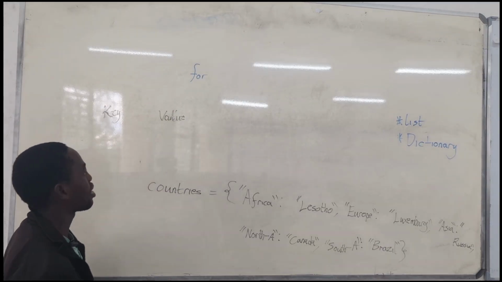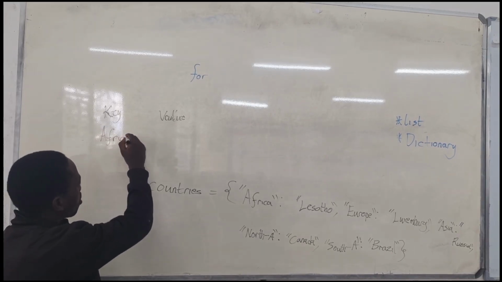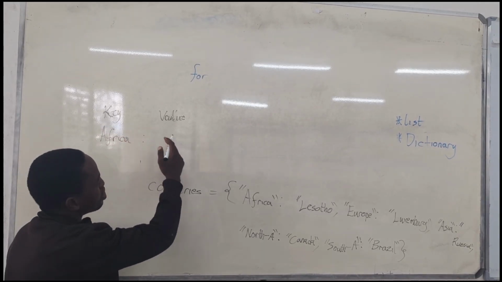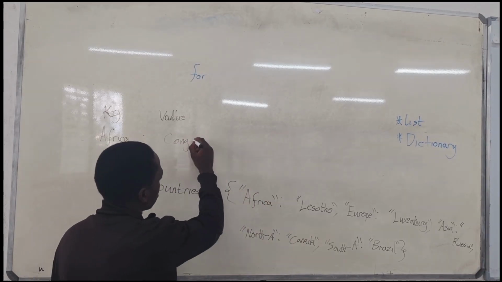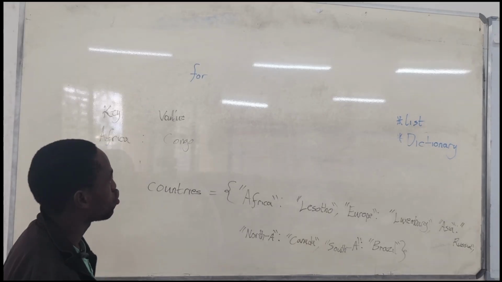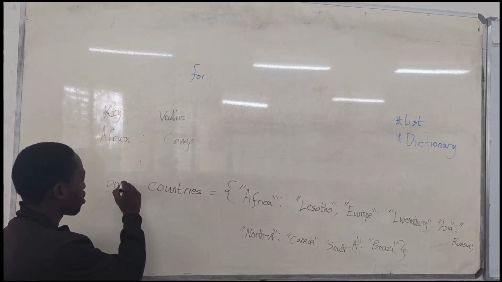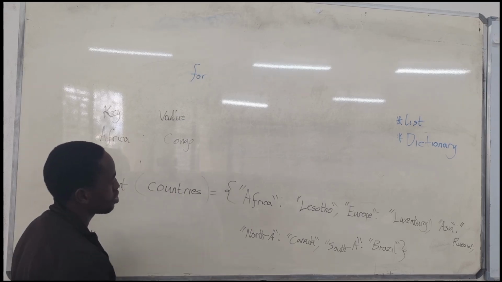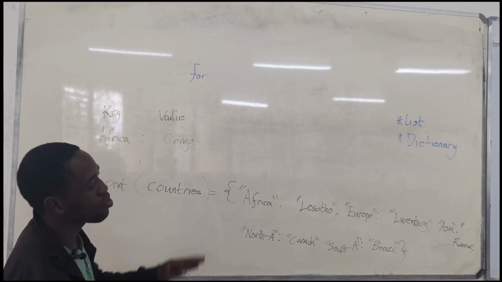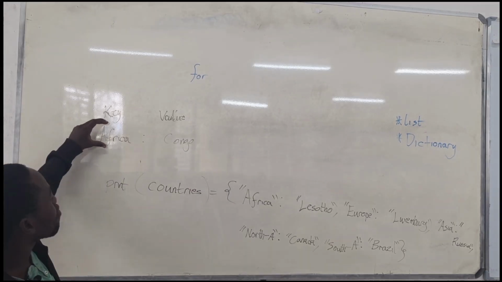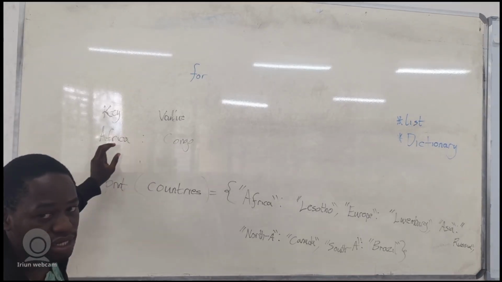So when you say Africa here, on this other side it prints a country in Africa, like that. When you say print countries, it will just give you this entire thing. And you want to print it the same way we did with the list, in a format like this. Africa, the country, Asia, the country, just like that.